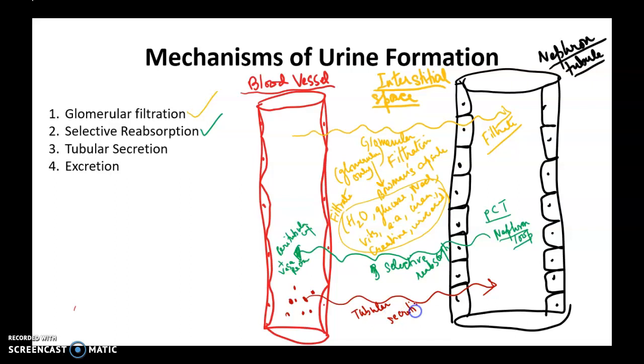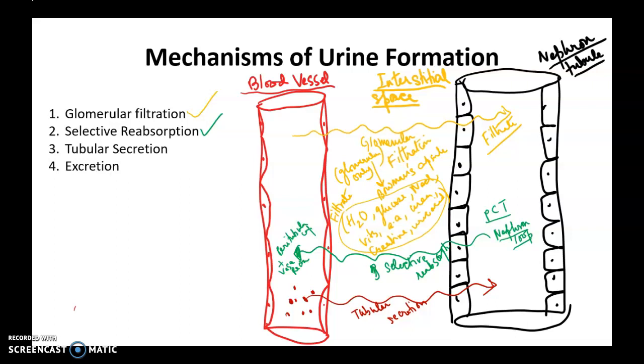Now, Rupa, so what's the difference between glomerular filtration and tubular secretion? Well, first, glomerular filtration only takes place at the glomerulus, and it's the filtration from the glomerulus into the Bowman's capsule.